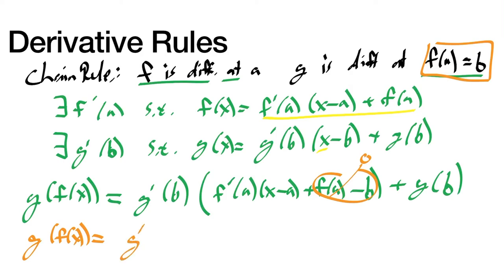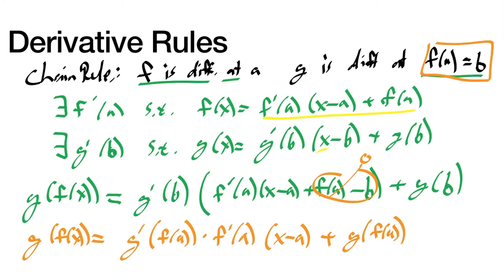g of f of x, is now equal to g prime, let's replace the b with an f of a, times f prime of a times x minus a plus g of f of a.